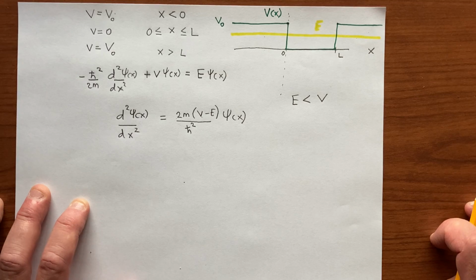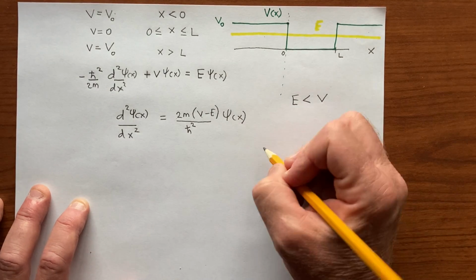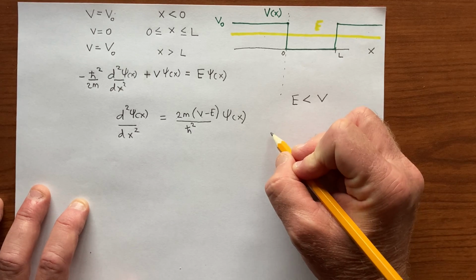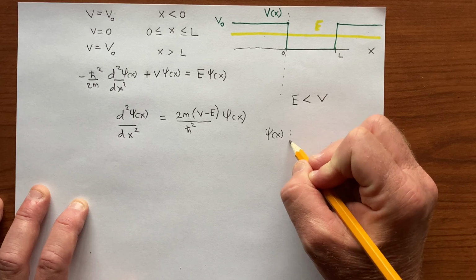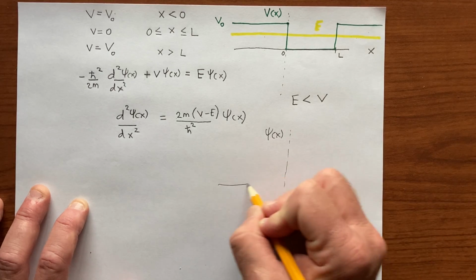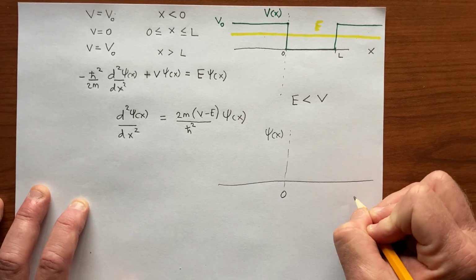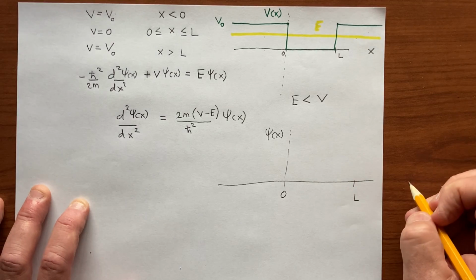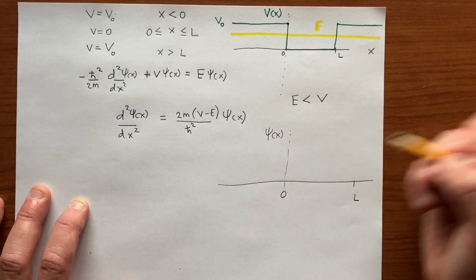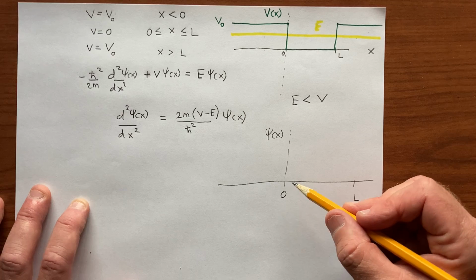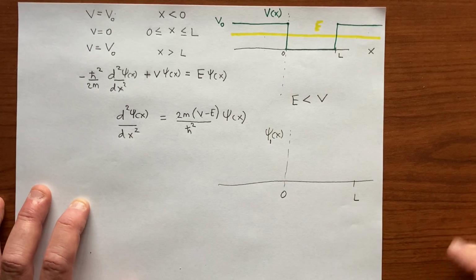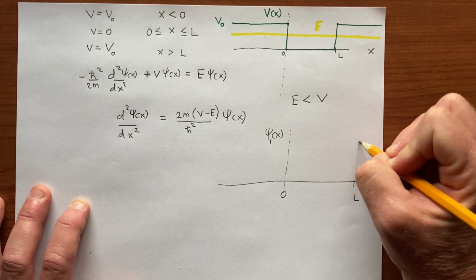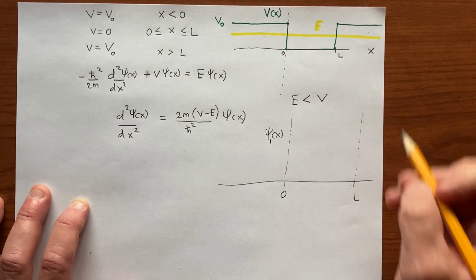And so if we want to look at this, let's say we plot some psi function. So this is, say, x equals 0 and x equals L, and we're looking at the lowest state, psi 1 of x.